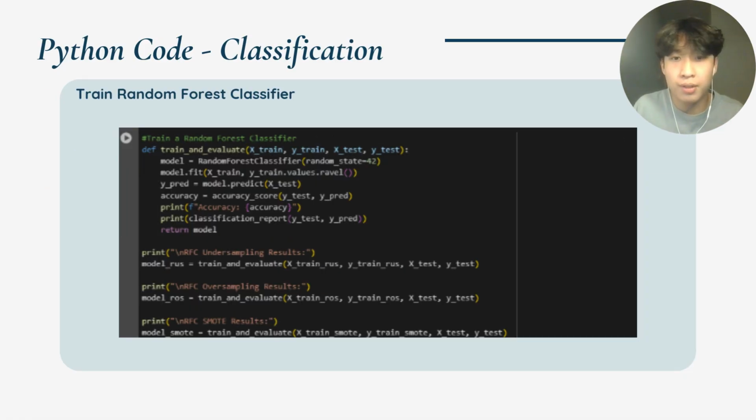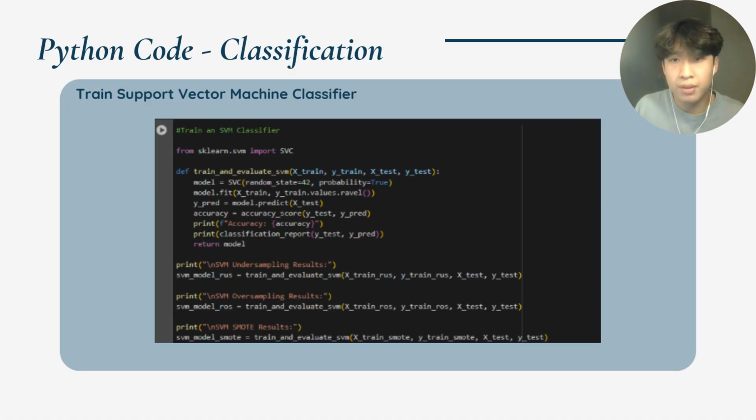Now we're going to train the models. First, we will have the random forest classifier. The code below prints out the metrics of all sampling techniques we used and trains the random forest classifier.